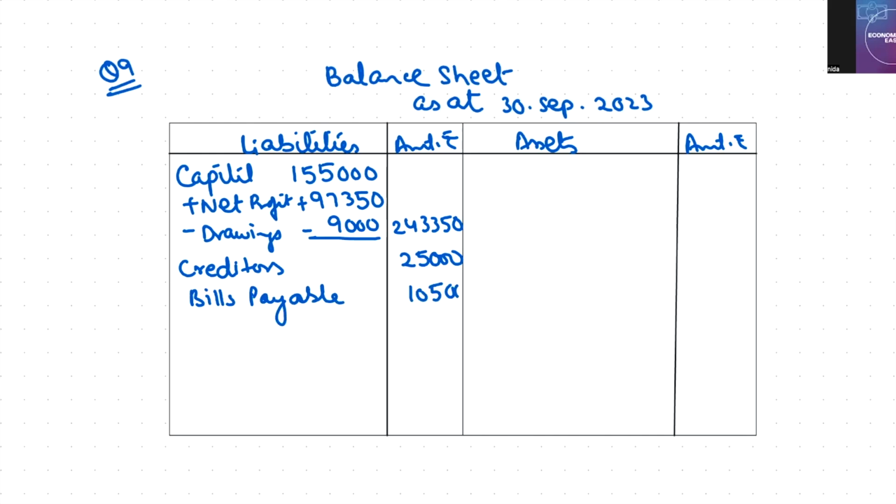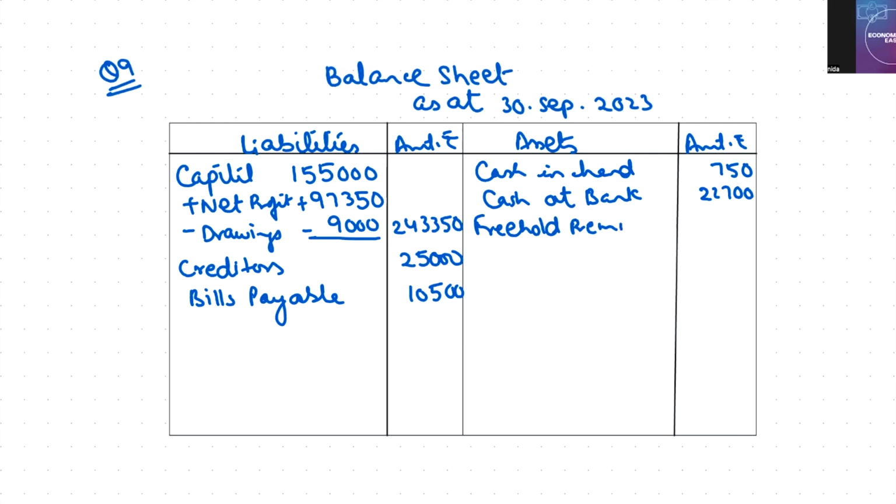The next is here, cash in hand 750. Cash at bank 22,700. Then freehold premises 1,30,000.